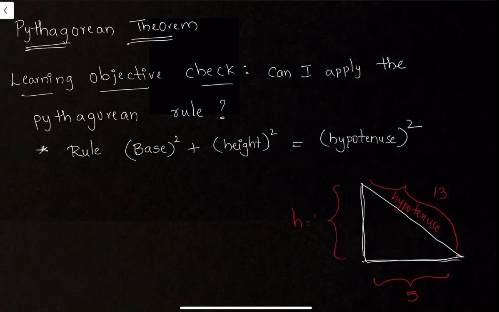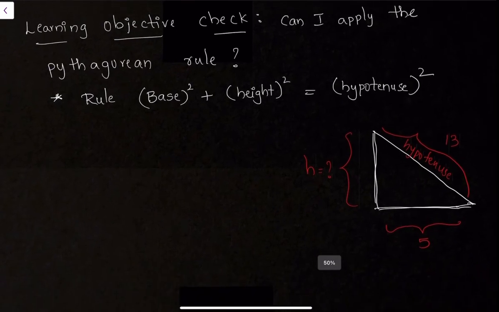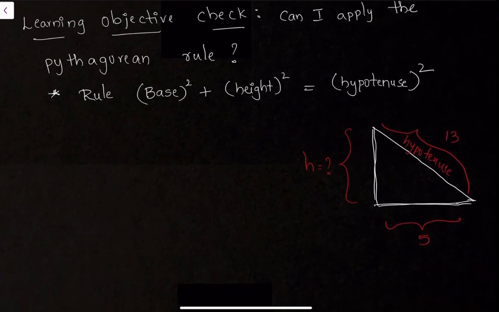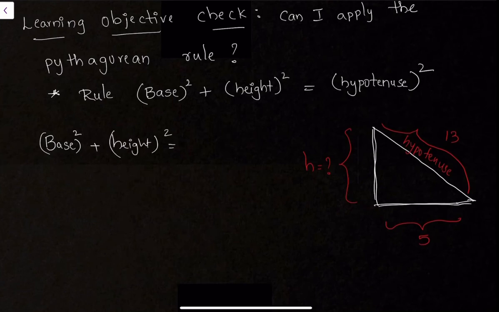This is a little different from what you just saw, in that you don't directly have a rule. The rule is base square plus height square should give you hypotenuse square, right? I'm writing in short.